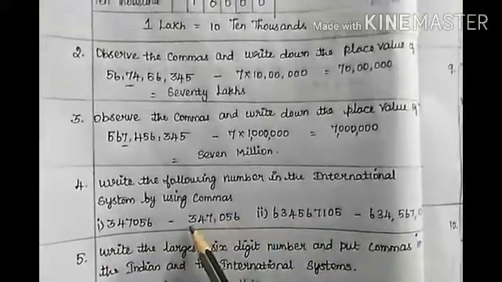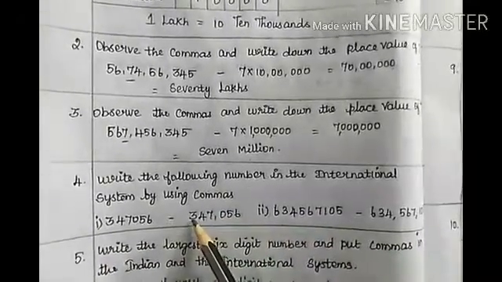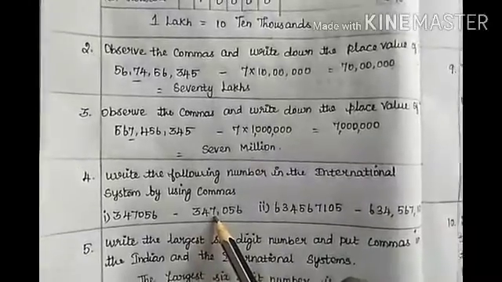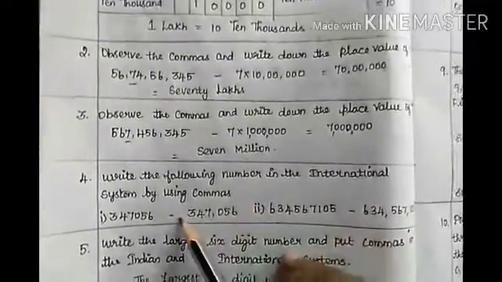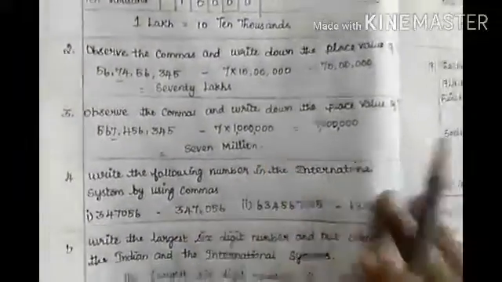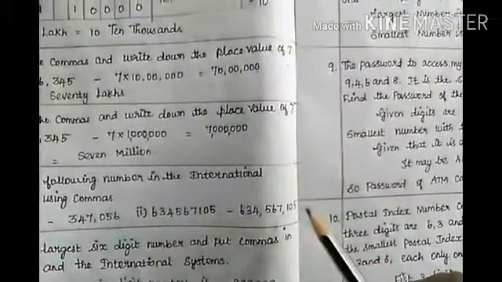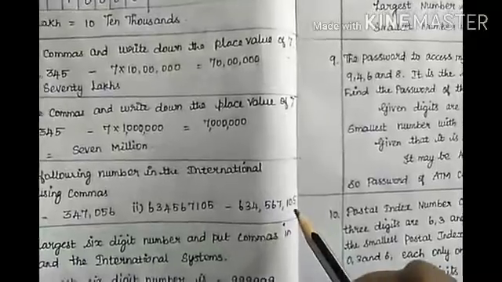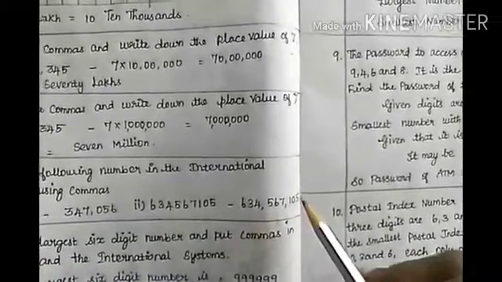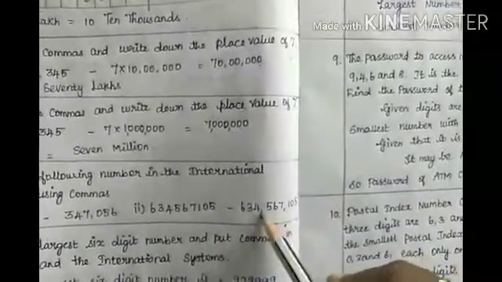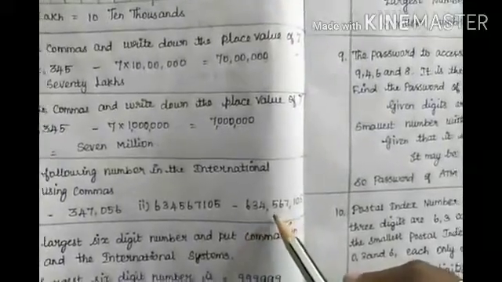So here the answer is 347,056. Now this one, they have given a somewhat bigger number, so in that number also we put the commas from the last onwards, every three digits.